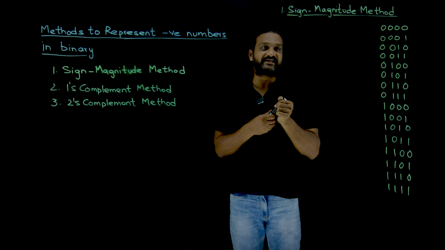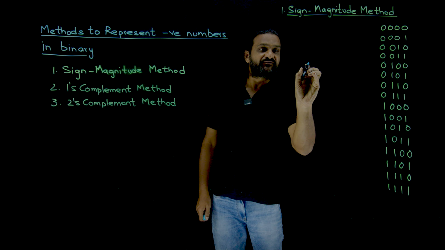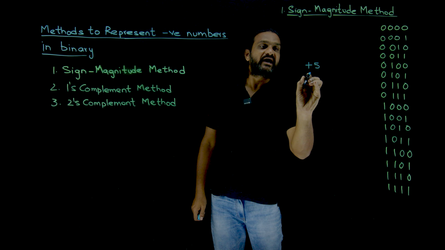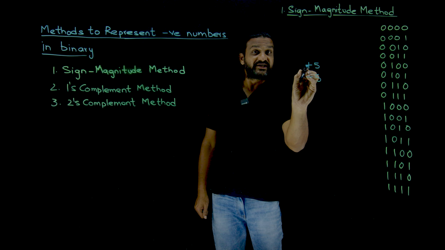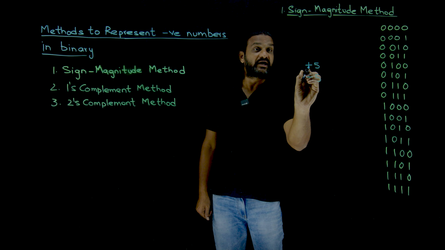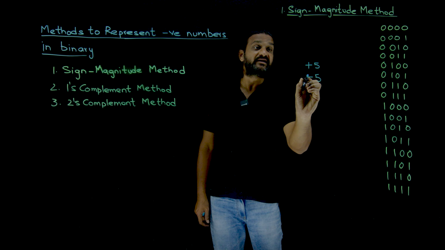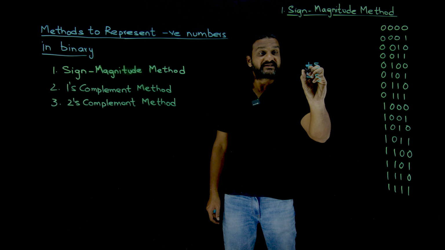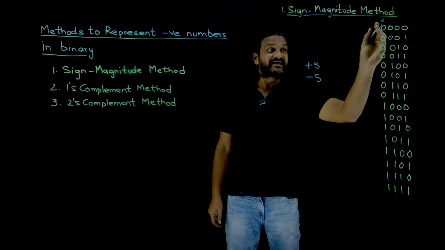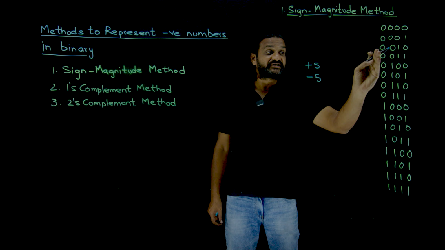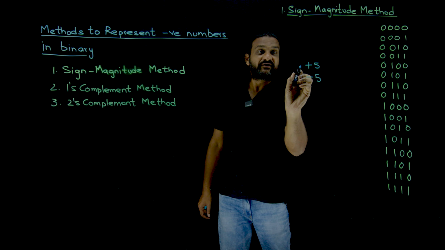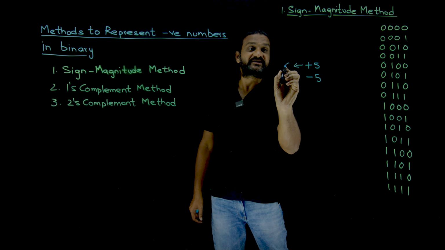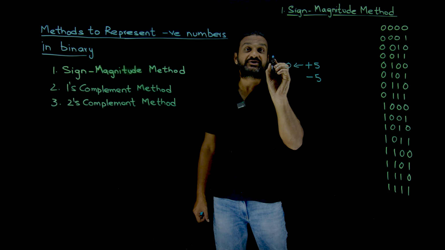Let's try to understand this using an example: plus 5 and minus 5. The symbol may be a plus symbol or a minus symbol, and these symbols are represented by the leftmost significant bit. If the leftmost significant bit is 0, then it is a positive number.